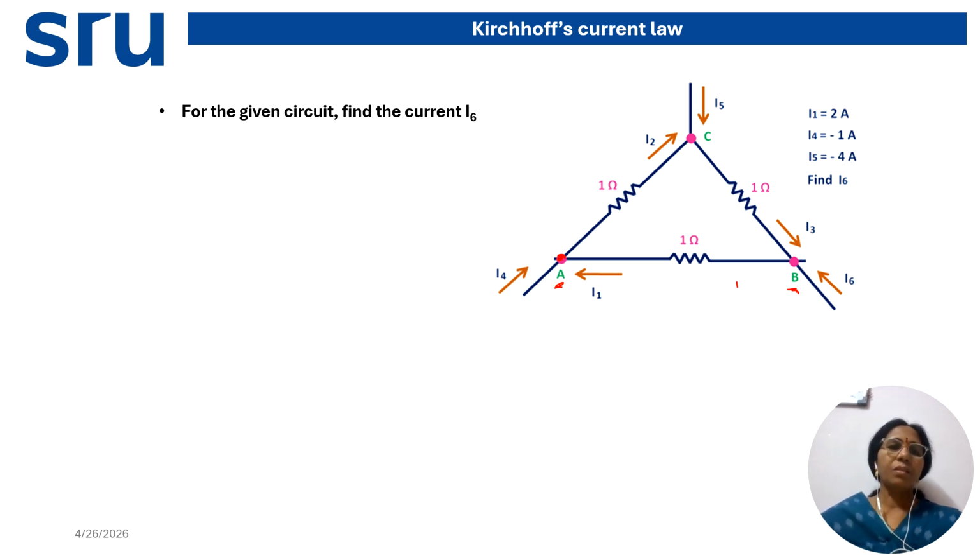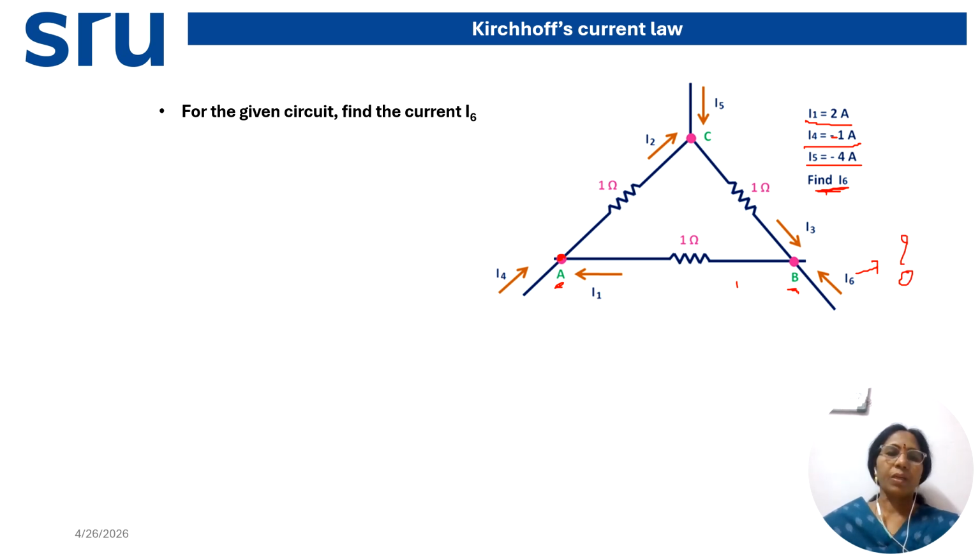In this the question is you need to find the current I6, because I1 is given as 2 ampere, I4 is given as minus 1 ampere, and I5 is given as minus 4 ampere. So you have to find the I6 current, this one. So what is the I6 current?